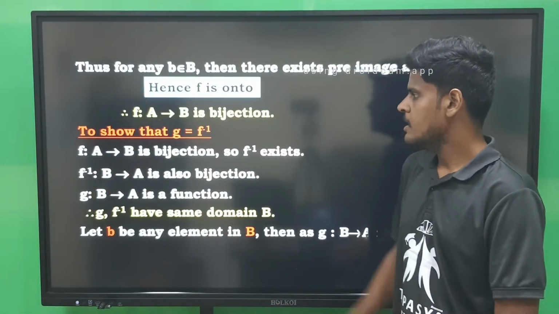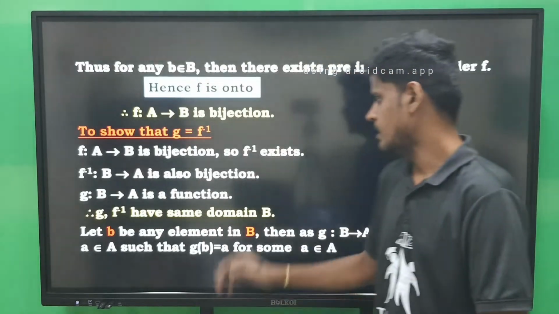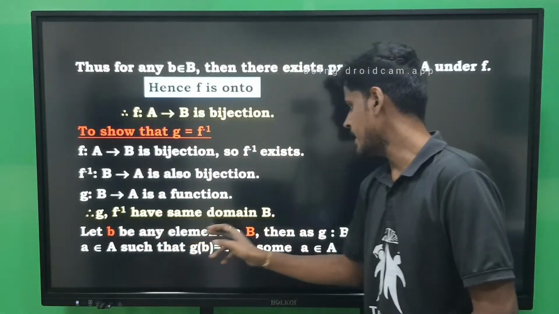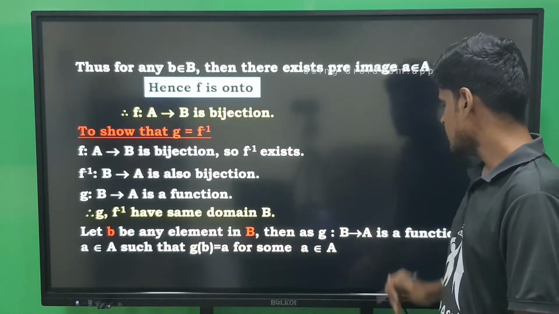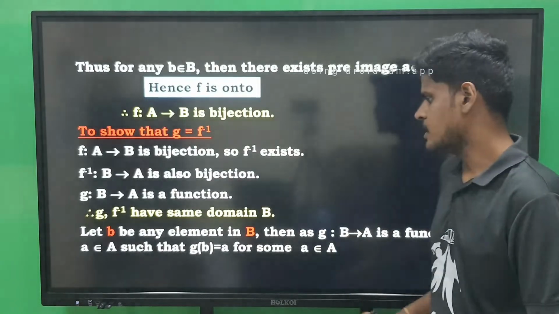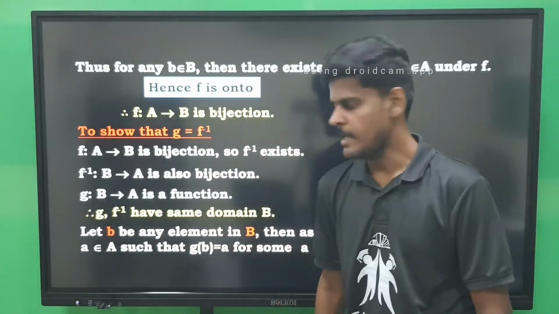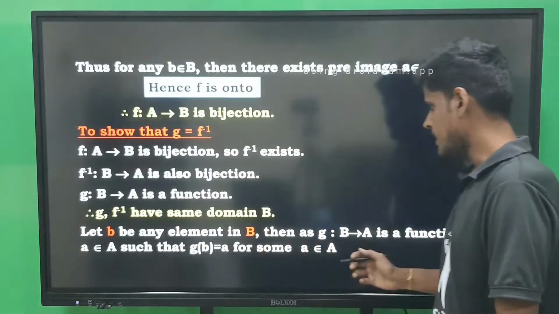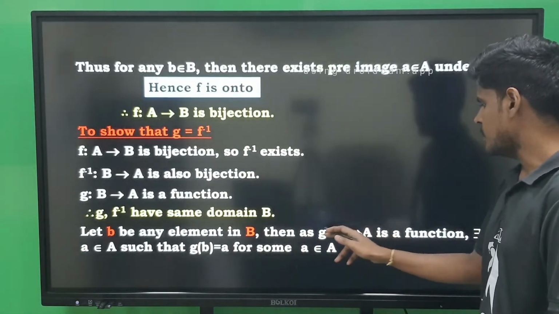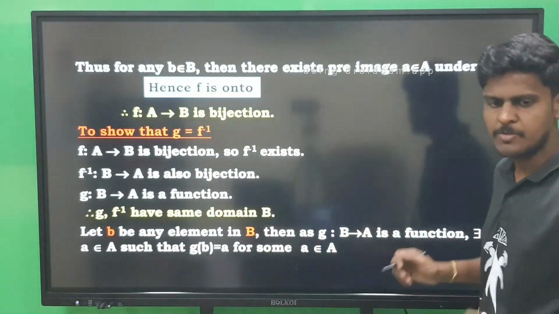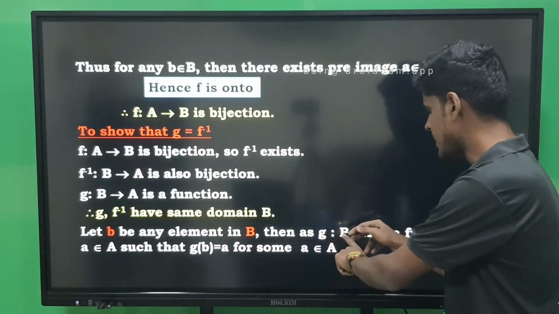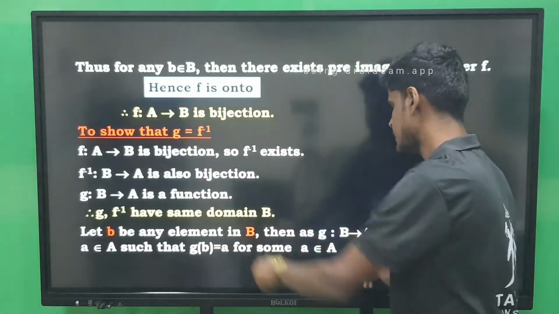Next what we need to see is if both the ranges are same or not. Now b is any element in set B. g is from B to A, a function, for every a in set A, g of b equal to a. That is obvious. g is a function from set B to set A. That means g of some element b equal to a. That is what is given.